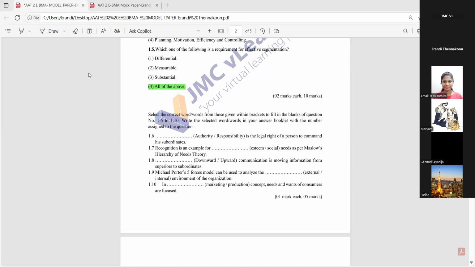When it comes to authority, that is the right to give orders, make decisions, or allocate resources. It gives a manager or a leader legal or formal power to direct others. Also, responsibility is a duty or an obligation to perform a specific or given task. So here, a person is answerable for the performance of their duties.